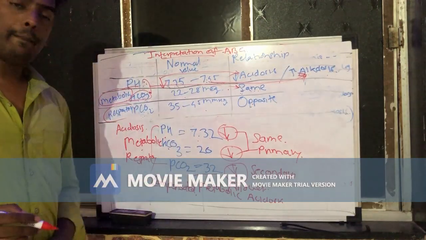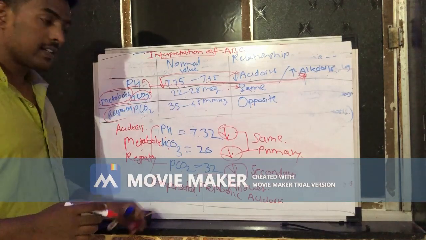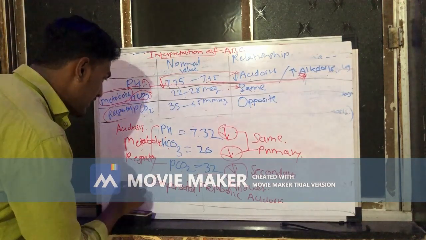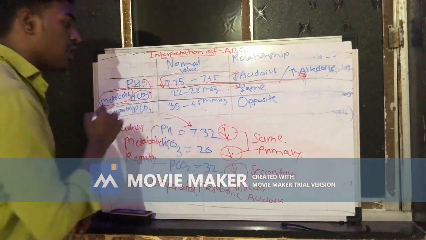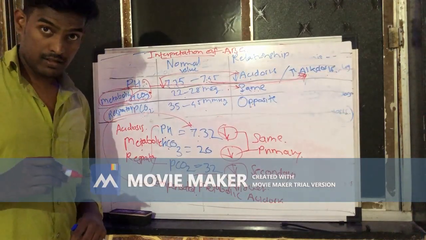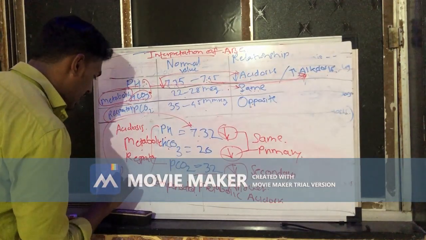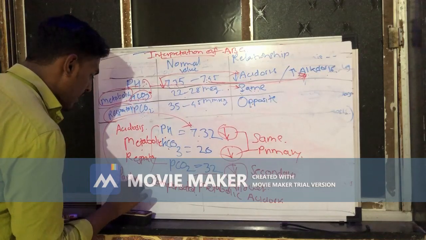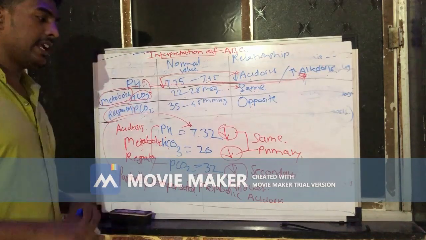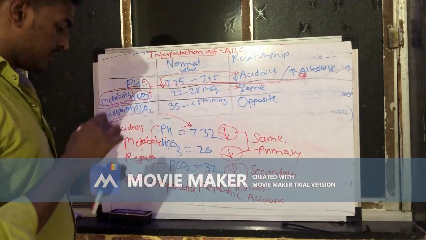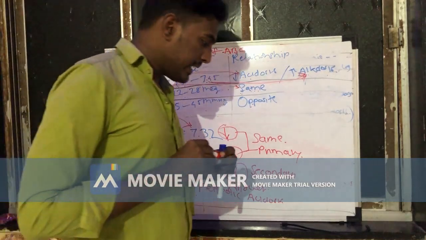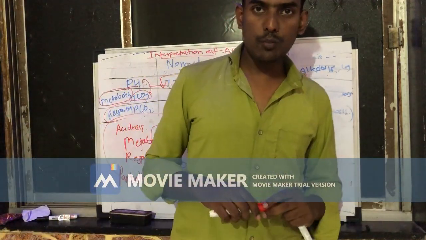Okay, so compensated metabolic acidosis. But after the compensation, did the pH come to normal? Not yet. So we call it partially compensated metabolic acidosis. Now I will give you a clinical example, then you will understand in more detail.